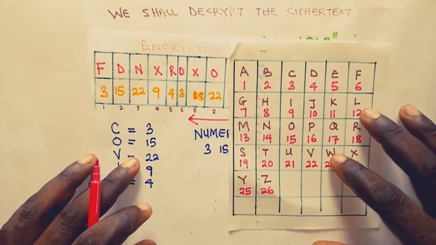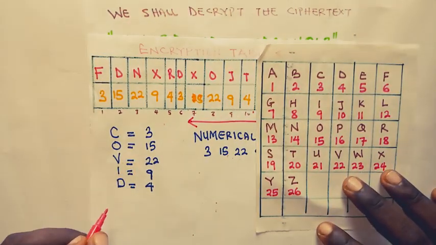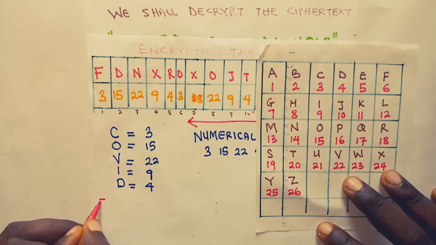So if I want to decrypt the letter F, let me do it this way.